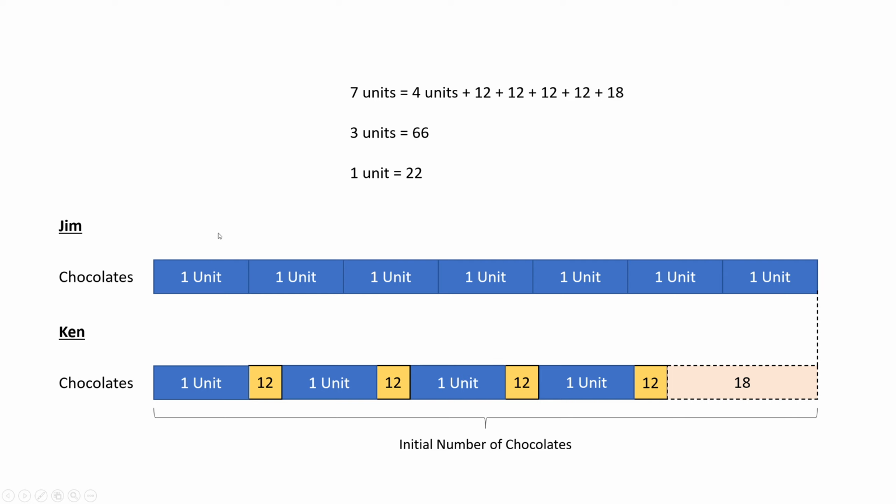Looking at the diagram again, just the relevant sections for chocolate, you can see that 7 units is equal to 4 units plus 12 plus 12 plus 12 plus 12 plus 18. So if we bring the 4 units over, we have 3 units, which is equal to 66, and 1 unit equals 22.